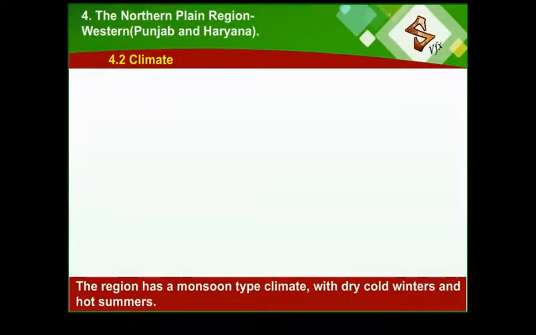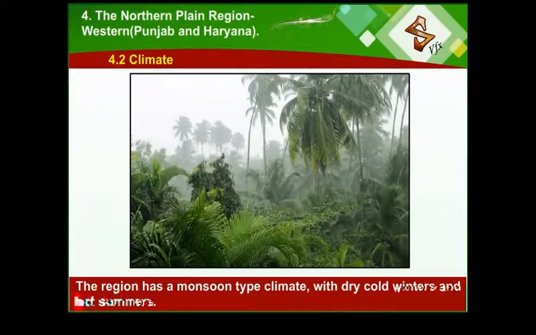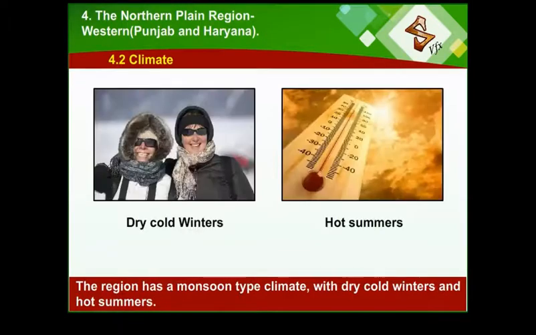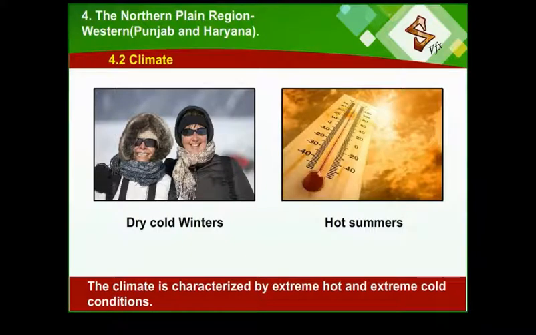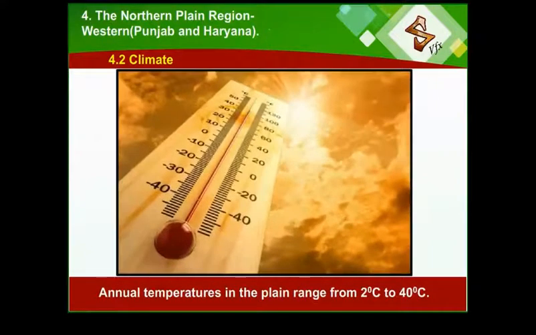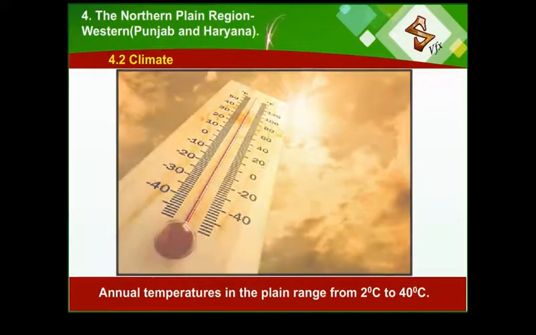4.2 Climate. The region has a monsoon-type climate with dry cold winters and hot summers. The climate is characterized by extreme hot and extreme cold conditions. Annual temperatures in the plain range from 2 degrees Celsius to 40 degrees Celsius.